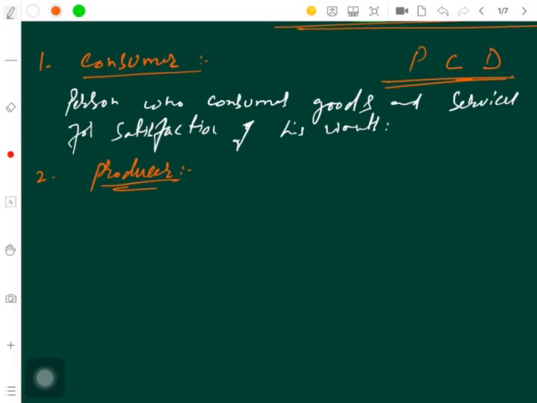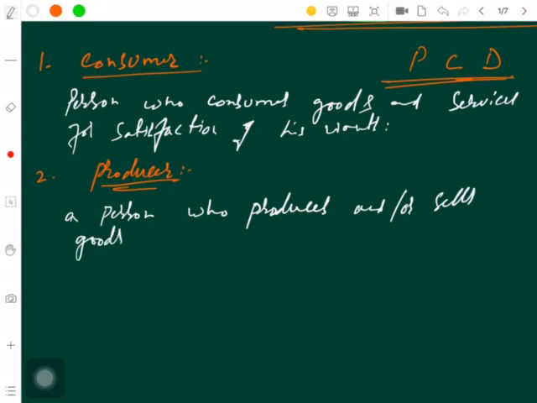He is also a person who produces, or sells, goods and services which we are consuming.